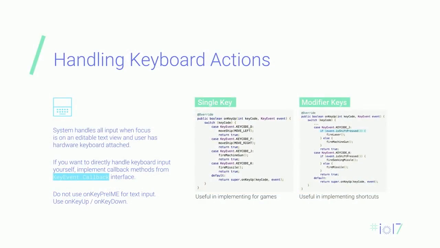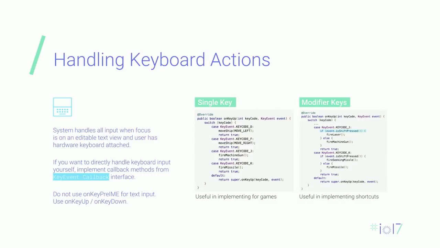The next thing is, if you want to handle keyboard actions, you can use the key event callback handler. This will allow you to get all the keyboard events directly and to do something with it, like, for example, in a game. You can also use the modifiers to check if, for example, the shift key was pressed, and you can then do special actions on that.